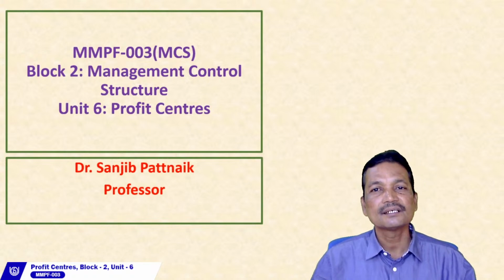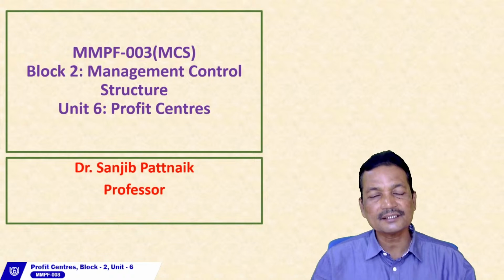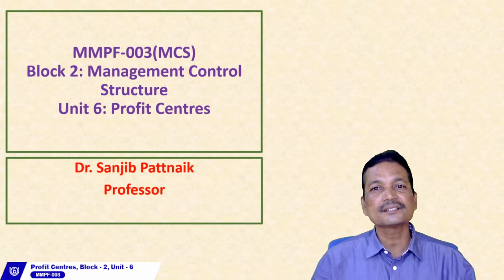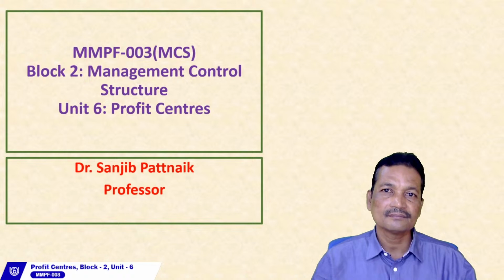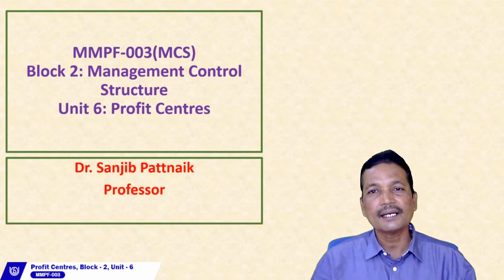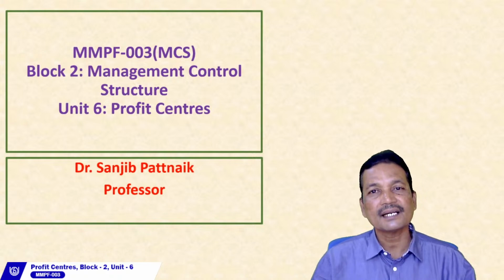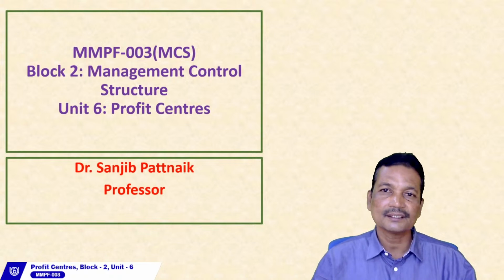That means the focus of the managers is not only the profits but also how to expand the organization's profit generation capacity in the future years by adding up what? Investment in various assets like machineries, land and building, equipments, etc.